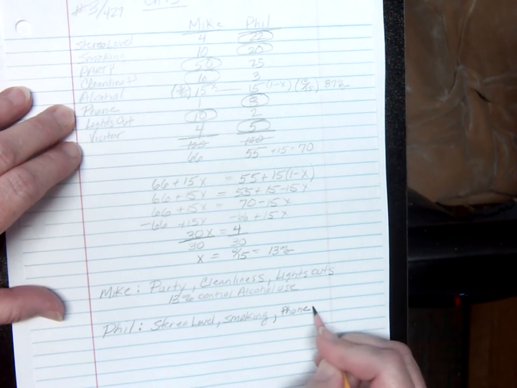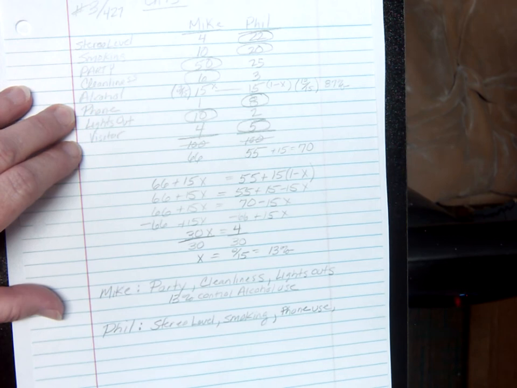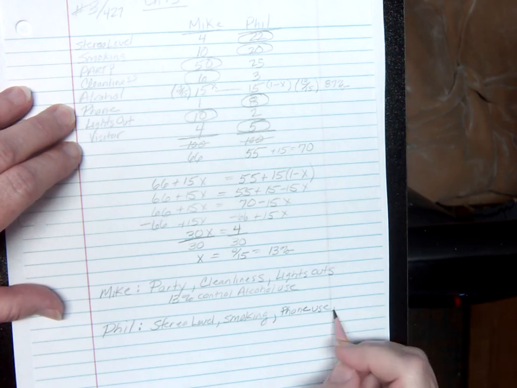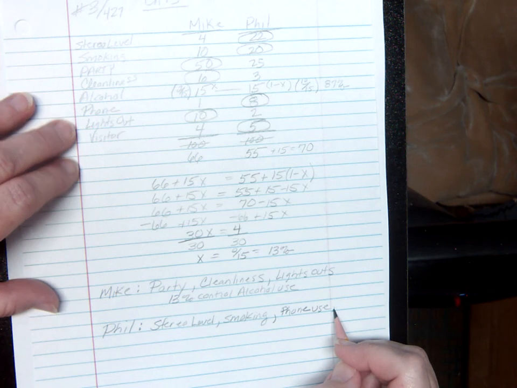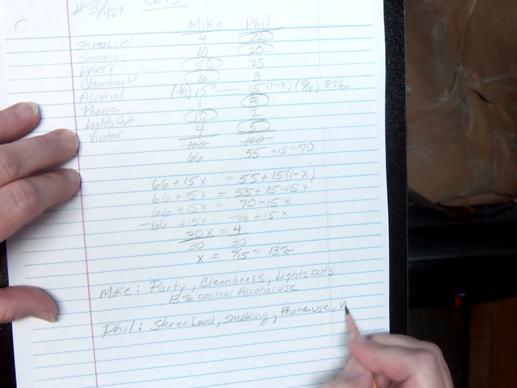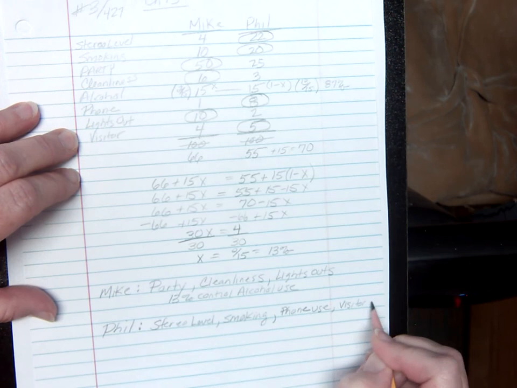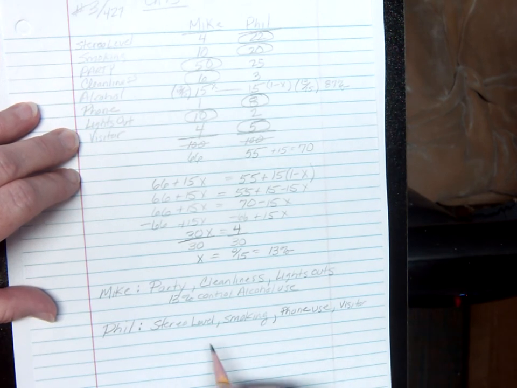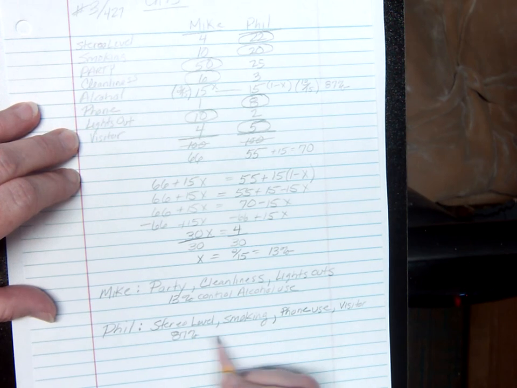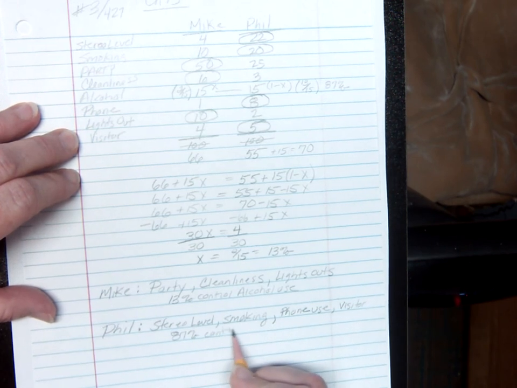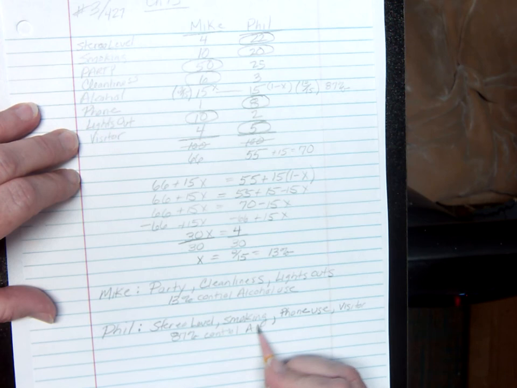The phone use. So if there's still a landline around, he has control over the use of the phone. And the visitor policy. And then in addition to that, he is in control of 87% of alcohol use.